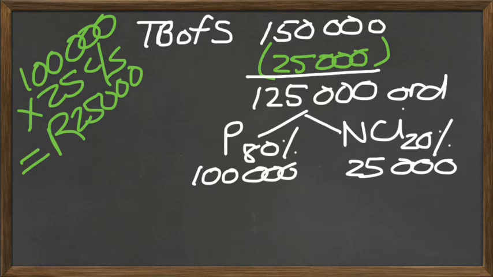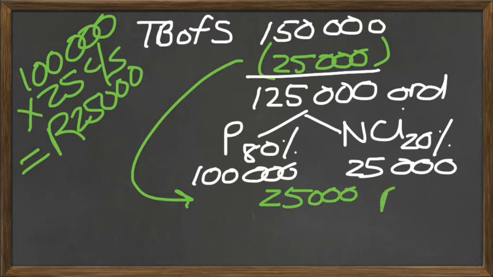But I still have to attribute the full 150,000 of S. I have now only attributed 125,000. So remember to then also attribute that 25,000 Rand for the preference shareholders based on their percentages.